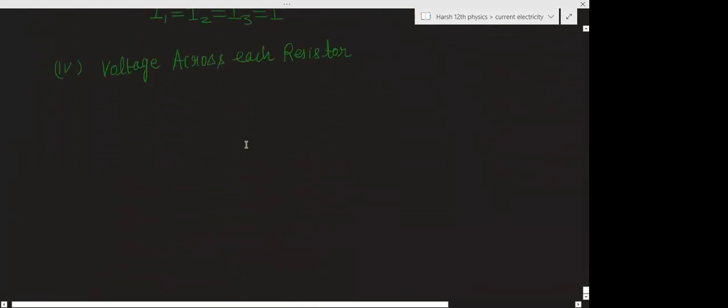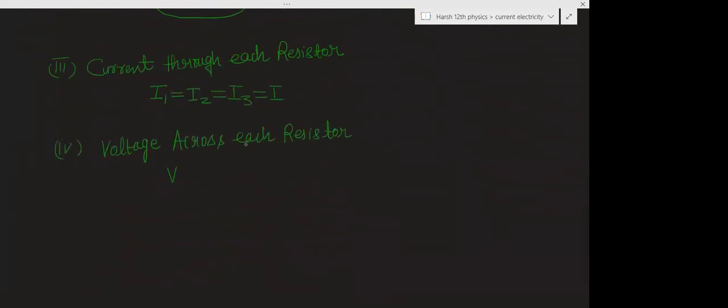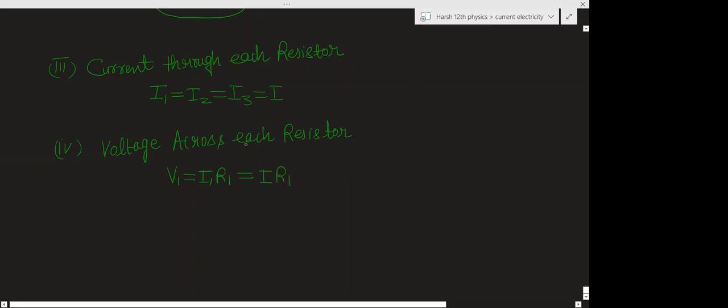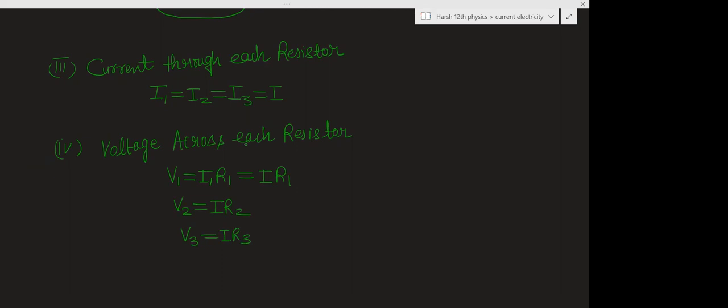How will you write V1? V1 you will write I1 into R1, and here I1 is equal to I, and R1 we have. So you can write accordingly. V2 is equal to IR2. V3 is equal to IR3. Very easy, na?